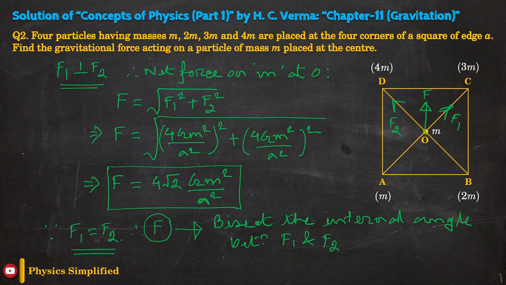Now the internal angle between F1 and F2 is 90 degrees. So the angle between F and F1 will be 45 degrees. Similarly, the angle between F and F2 will be 45 degrees.